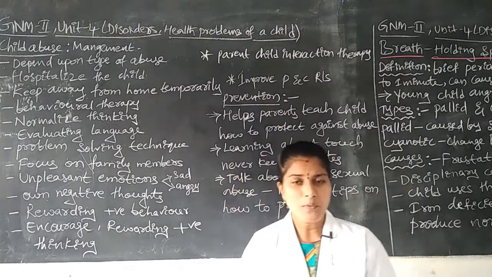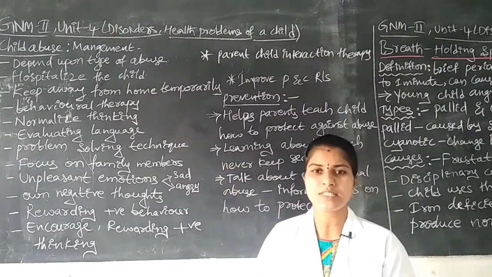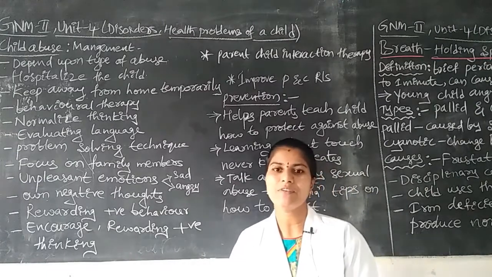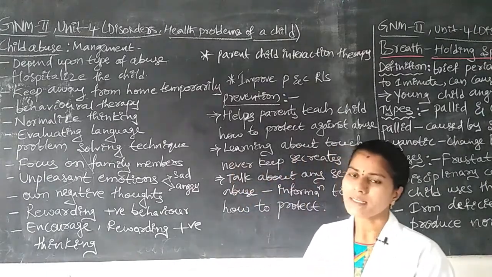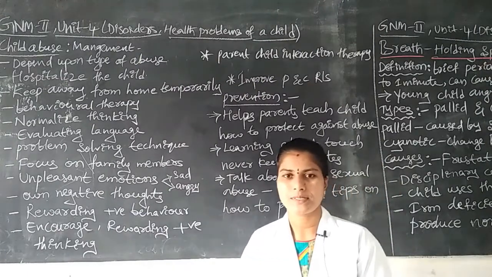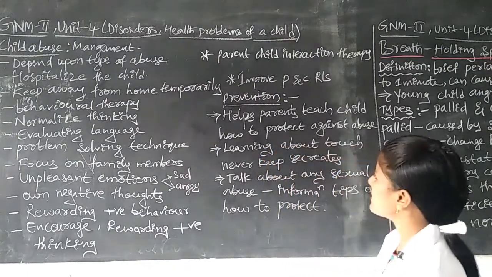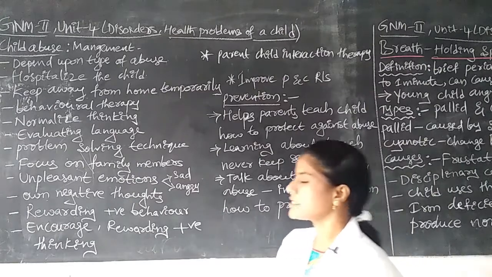Okay, when we have provided complete freedom to the children, then the child will be happy. Okay, the child will not get any child abuse problems. Okay, next one is learning about touch, never secret.